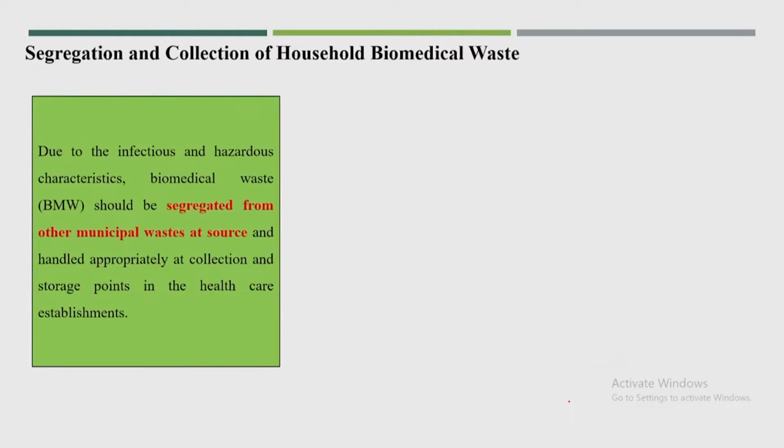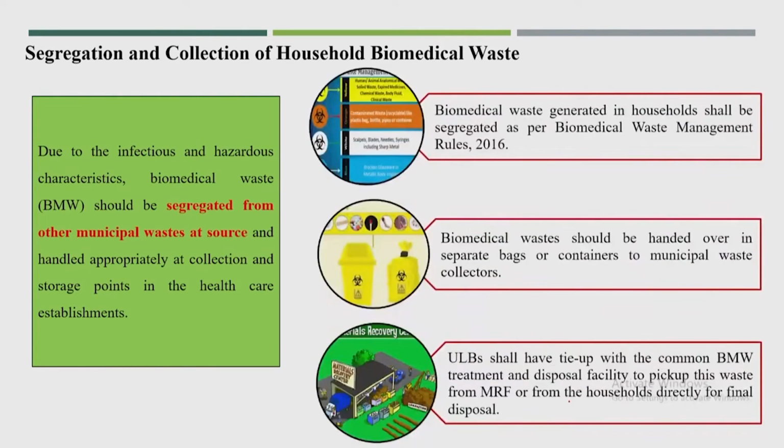Due to their infectious and hazardous characteristics, biomedical waste should be segregated from other municipal waste at source and handled appropriately at the collection and storage point, the healthcare establishments. So, for that, the biomedical waste generated in the household should be segregated as per the Biomedical Waste Management Rules 2016, and should be handed over in separate bags or containers to the municipal waste collector.